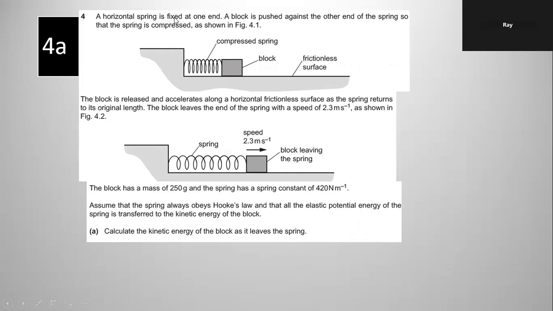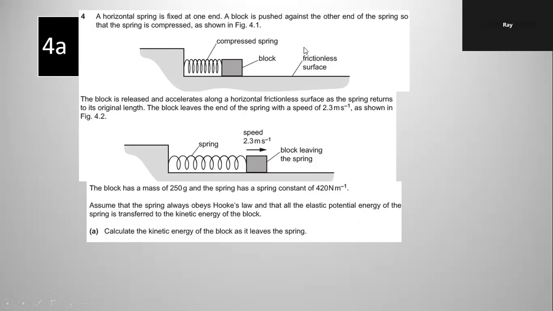A horizontal spring is fixed at one end. A block is pushed against the other end of the spring so that the spring is compressed as shown in figure 4.1. The block is released and accelerates along the horizontal frictionless surface as the spring returns to its original length.